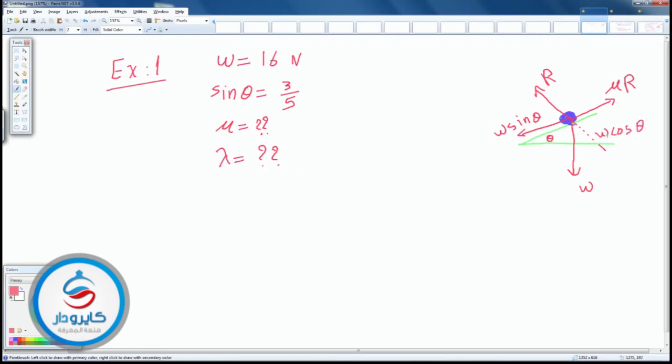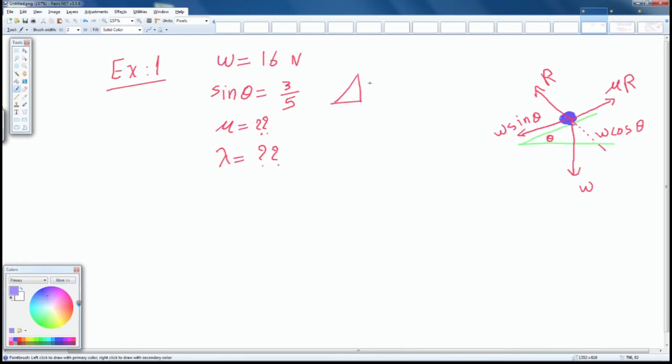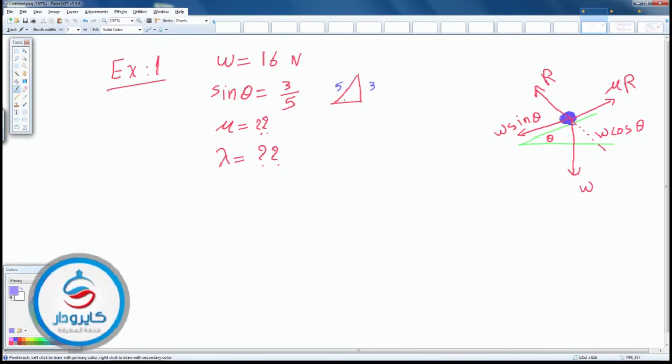As we know sine theta is 3/5, we draw a right angle triangle like that, and this will be 4 because this is theta. So cosine theta equals 4/5, and we obtained the value of cosine from the given sine theta.